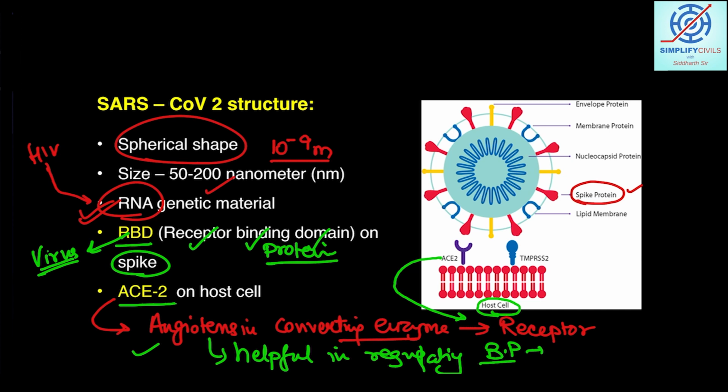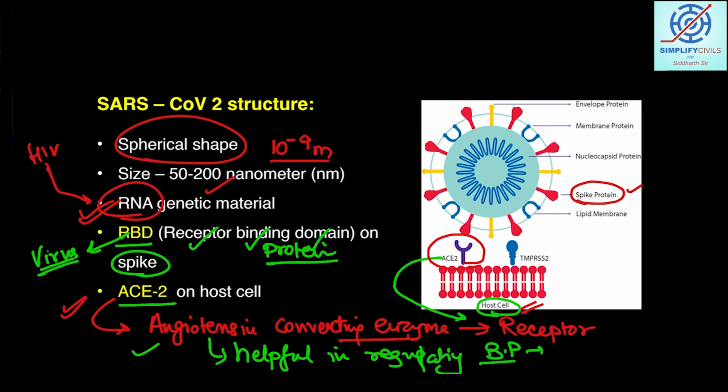So it will be regulating the veins, the arteries, but actually what happens in reality is the RBD spike proteins get attached to these ACE2 receptors of the host cell, and using such receptors they get inside the host cell. So they exploit these ACE2 receptors of the host cell.